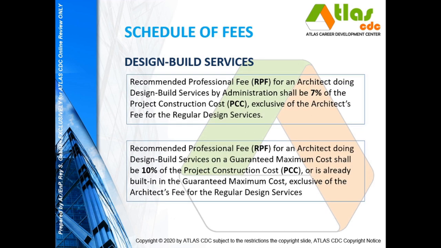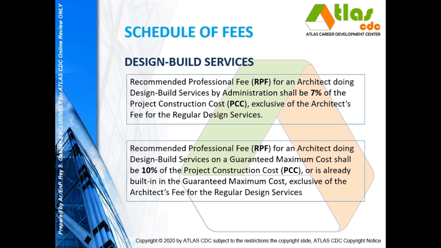So for design build services, if you are doing DBS by administration, the recommended fee is 7% of the project construction cost. And that is exclusive of the architect's fee for the regular design services.